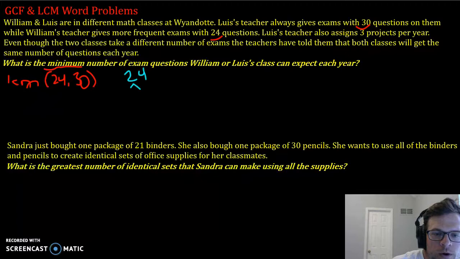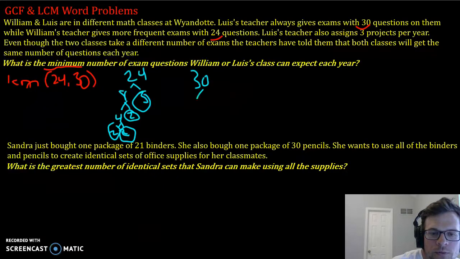So of 24, we've got 8 and 3. 4 and 2, 2 and 2. So 2, 2, 2, and 3.